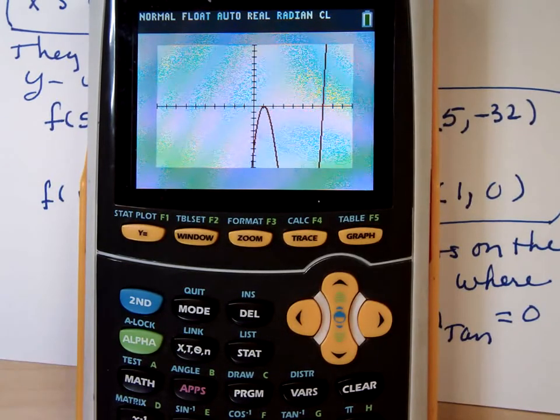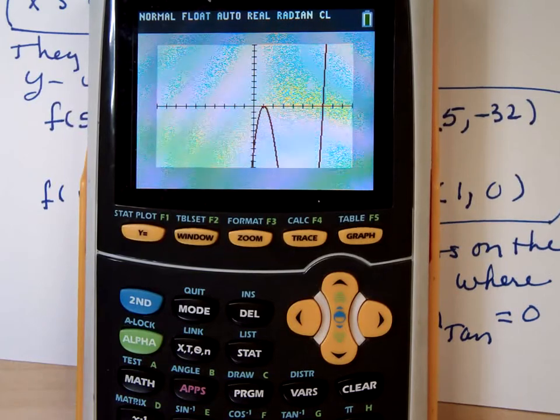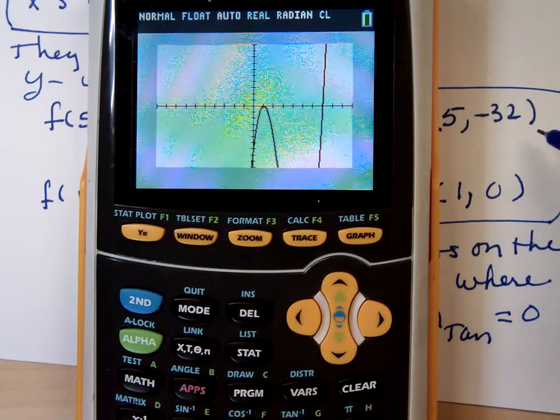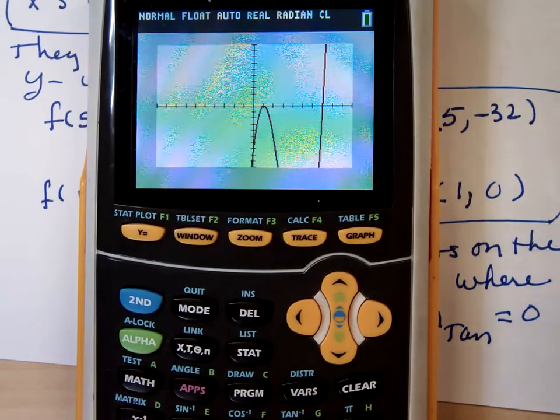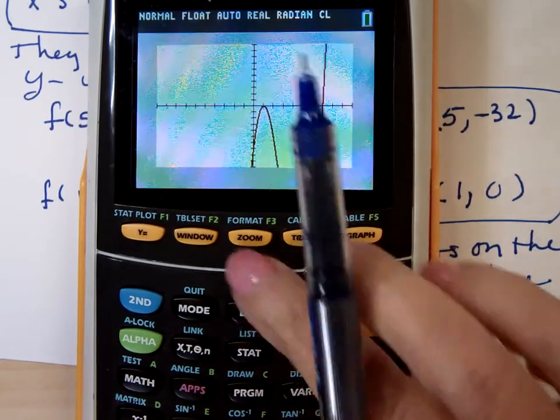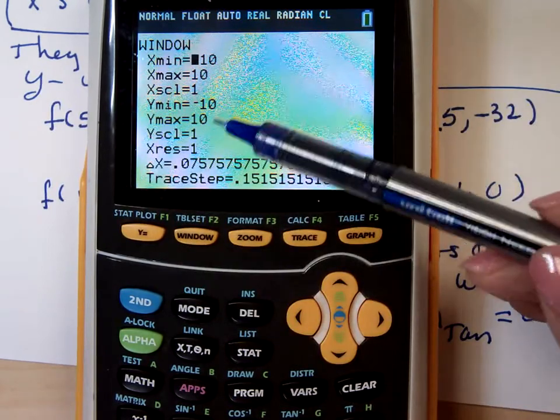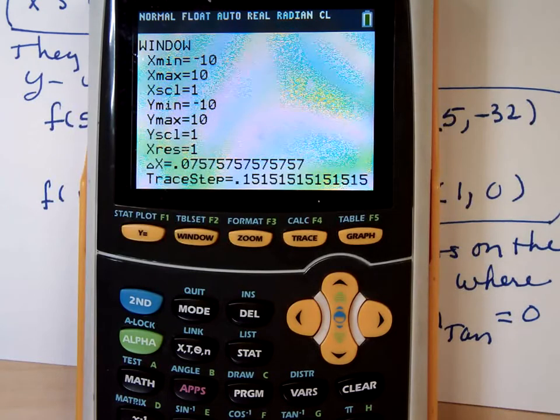It's a hump at x equal 1. x equal 1, y equals 0. Now they say the other one is at x equal 5, y equal negative 32. Zoom standard, by the way, the graph paper is minus 10, 10, minus 10, 10. That's what the graph paper looks like.